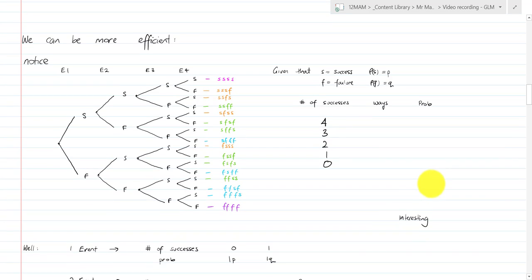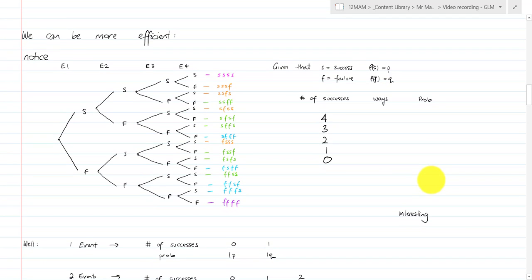Here is example 1, but in the general form, so we can be more efficient. We have event 1, 2, 3, and 4. In this case, I'll bring this back to the squash example.